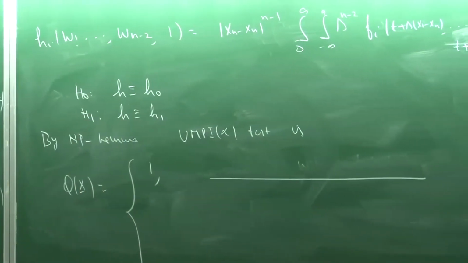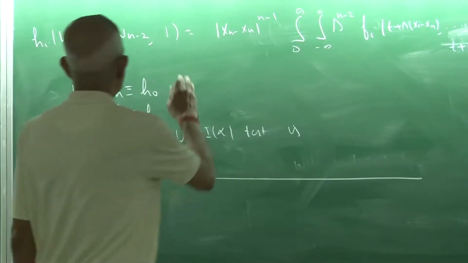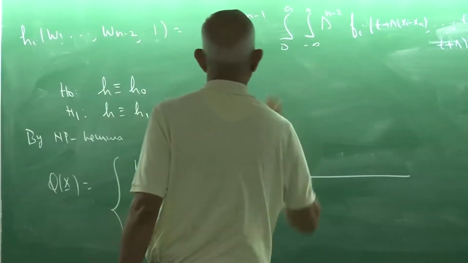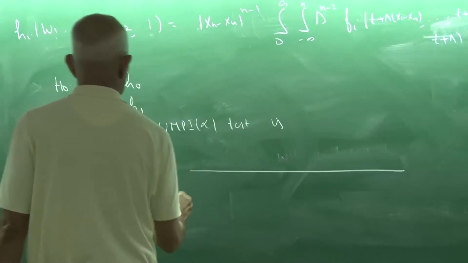Because under H0 and H1, whether wn minus 1 is 1 or minus 1, it is exactly turning out to be the same thing.